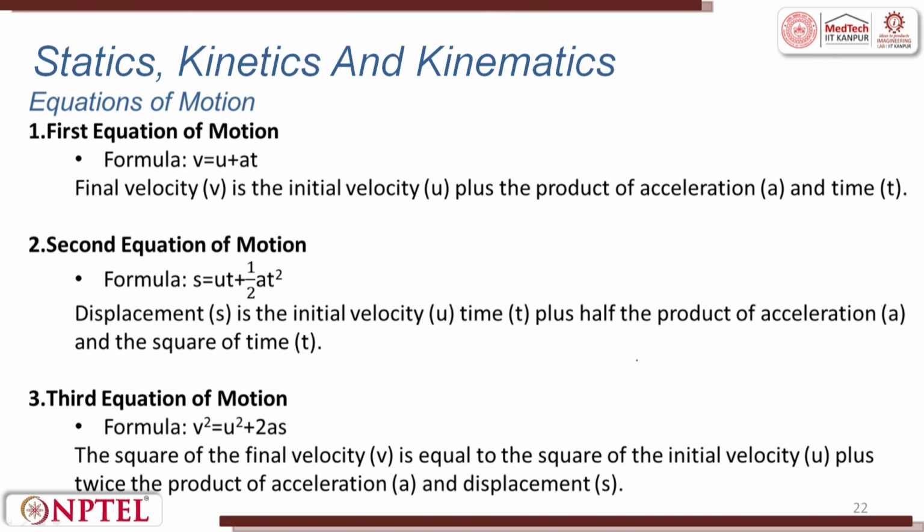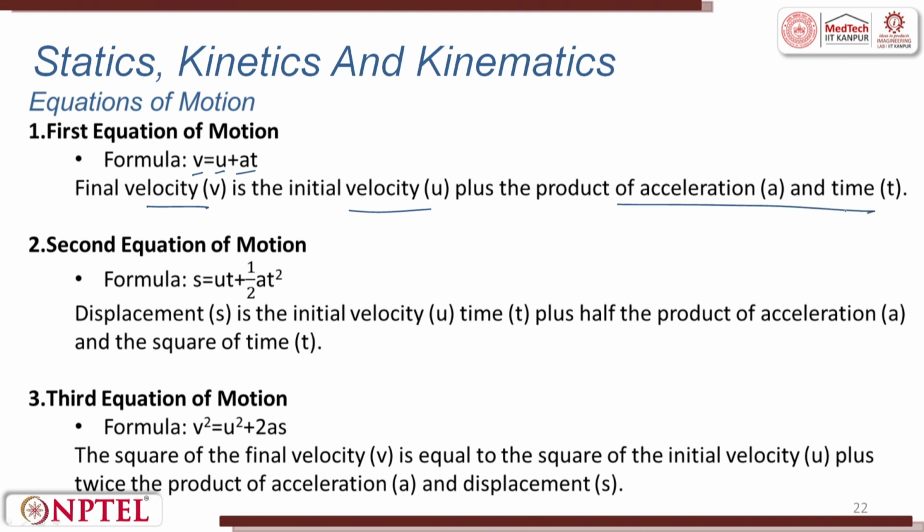First equation of motion: v, that is final velocity, is equal to u plus at. Final velocity v is the sum of the initial velocity and the product of the acceleration and time.